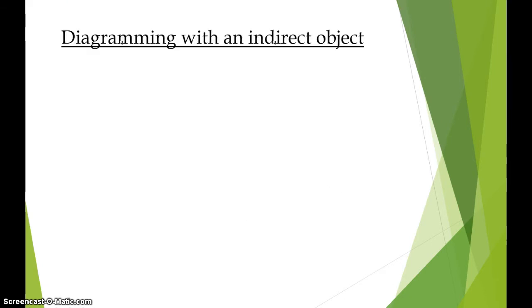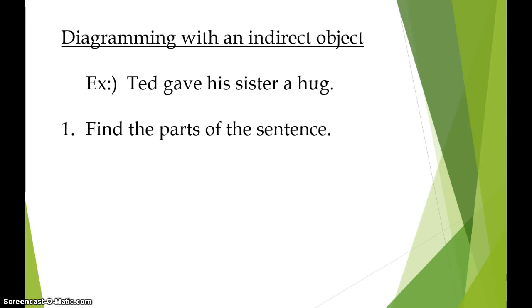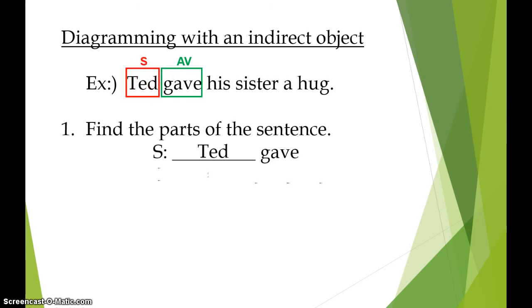Now let's look at how to diagram with an indirect object. Here's an example sentence. Ted gave his sister a hug. First step in the process is to find the parts of the sentence. We're going to start with our verb, which is gave, and gave is an action verb. Next, we're going to find the subject. Who or what gave? The answer here is Ted, which is a proper noun. Next, we go to the direct object. Gave whom or what?